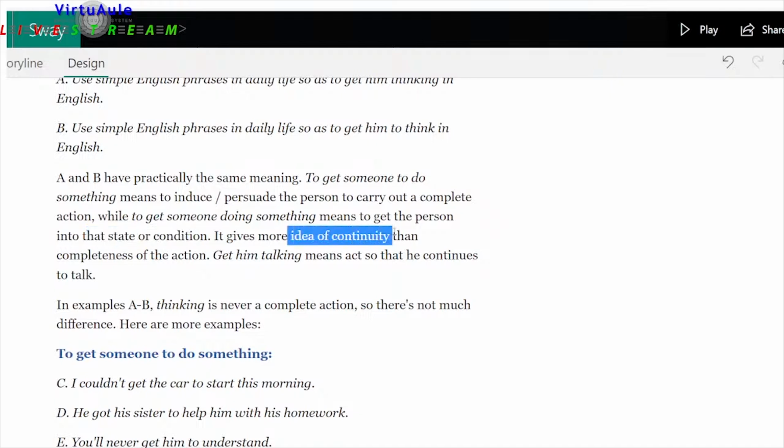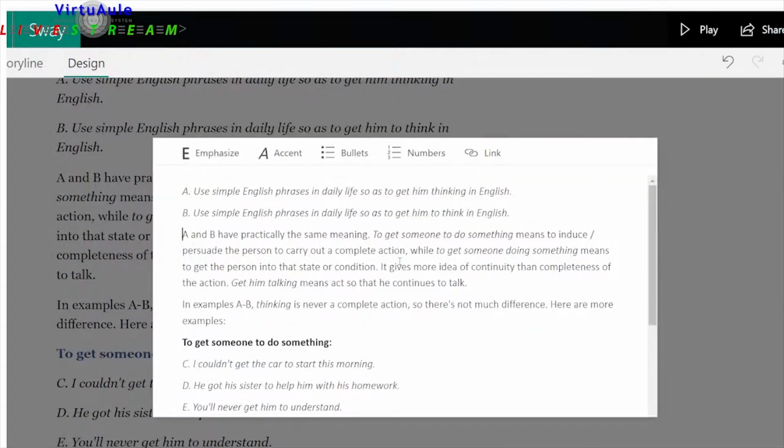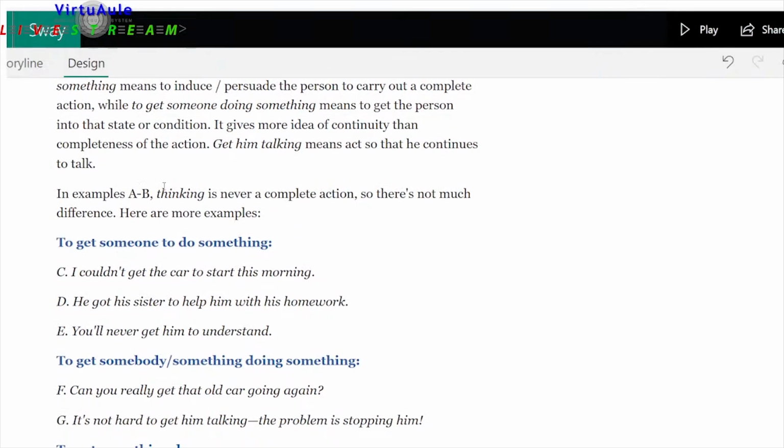It gives an idea of continuity rather than the completeness of the action. So get him talking means to act so that he continues to talk. That action is in a kind of continuous state. In both A and B, thinking is never a complete action, so there's not much difference.